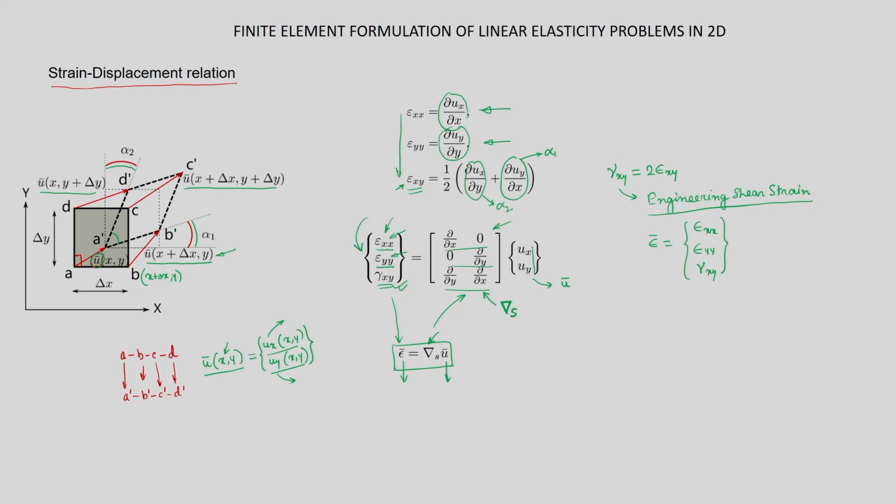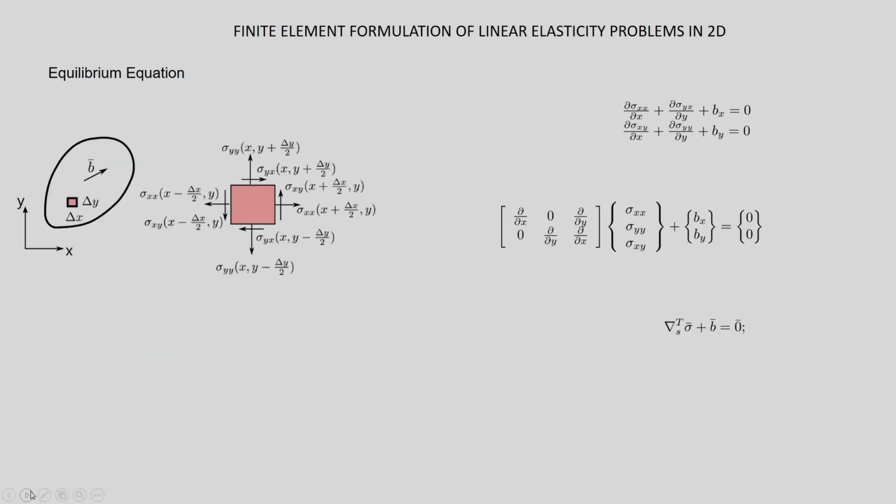Fine. So now let us go ahead and look at the equilibrium part. Here I have considered an arbitrary shaped body in the xy plane, where some external forces may be acting here and there, and at some point it is fixed, it can't move. So it is constrained at some portion of the boundary.